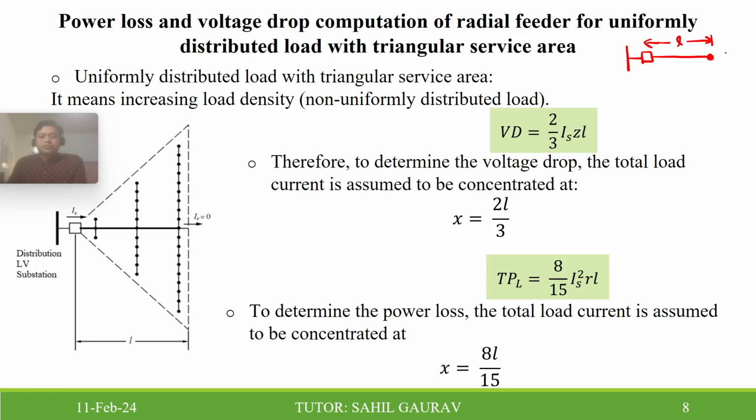In that case, what will the voltage drop be? The voltage drop is simply the current flowing through it, I_S, times Z, the per unit length impedance, times L, the length of the line. If you compare this with the distributed case, you can say the effective length will be 2L divided by 3. So we are comparing what happens with a concentrated load, and what the voltage drop will be with uniformly distributed load with a triangular service area.